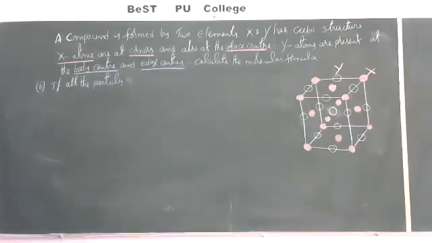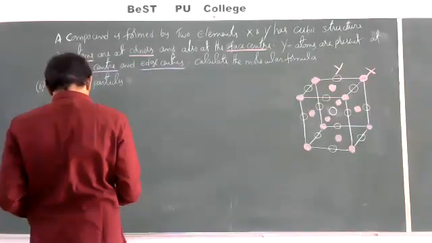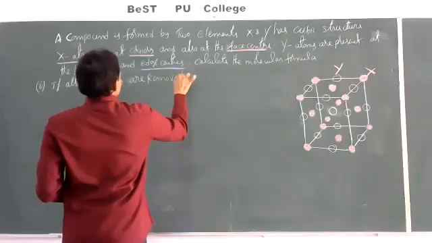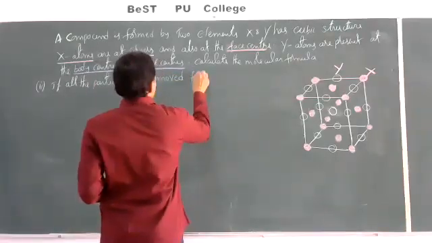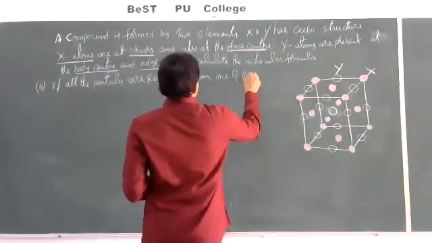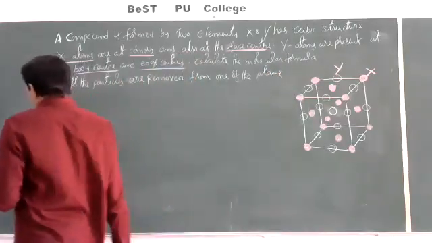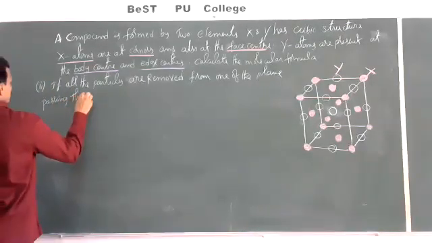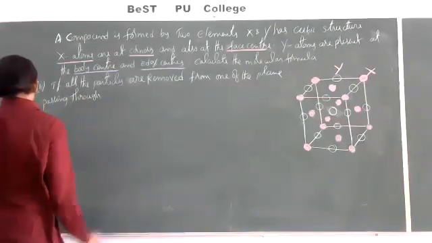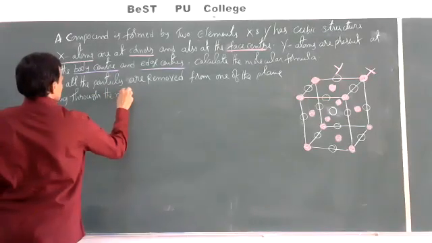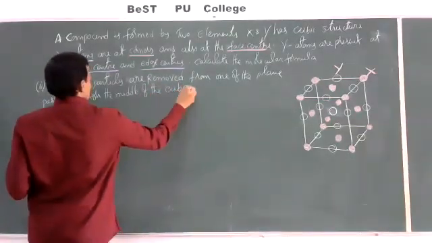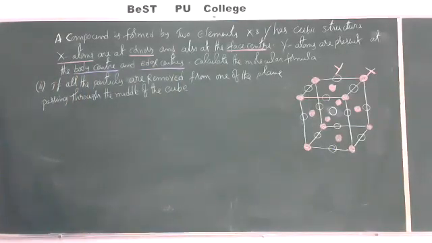And the next application is: if all the particles are removed from one of the planes passing through the middle of the cube, what is the molecular formula of the compound?